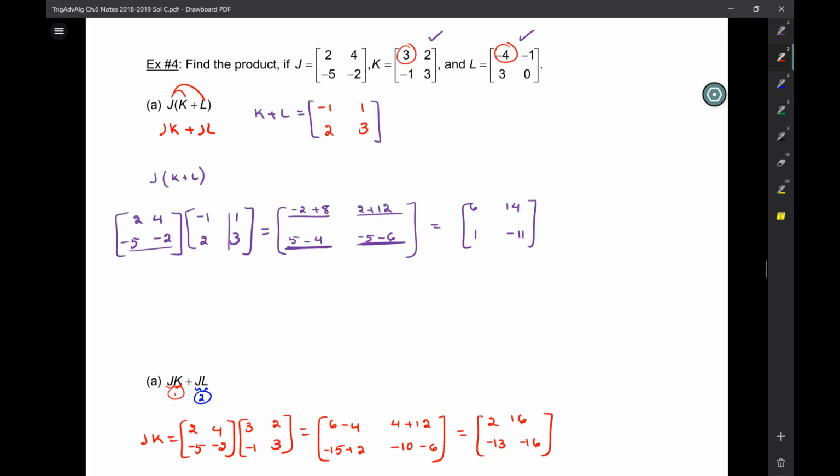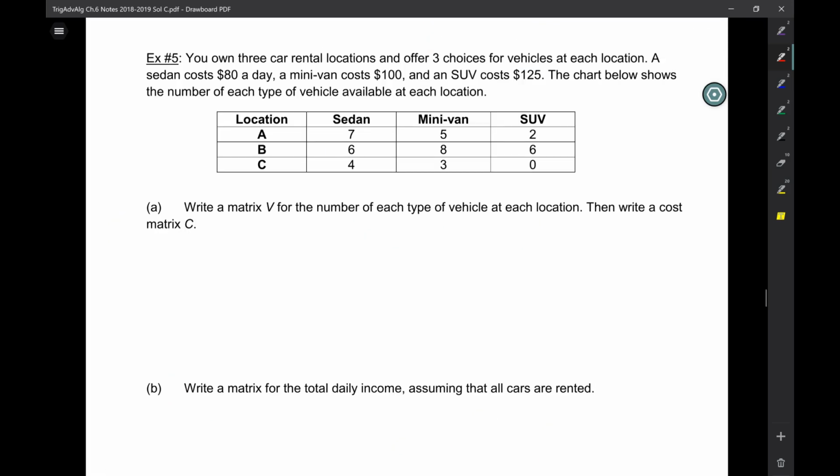Now, yesterday we had our first introduction of representing pieces of information that are related in matrix form. We're going to do that and a little bit more today. All right, and we're going to see how you can manipulate one or more matrices to figure out something relevant.